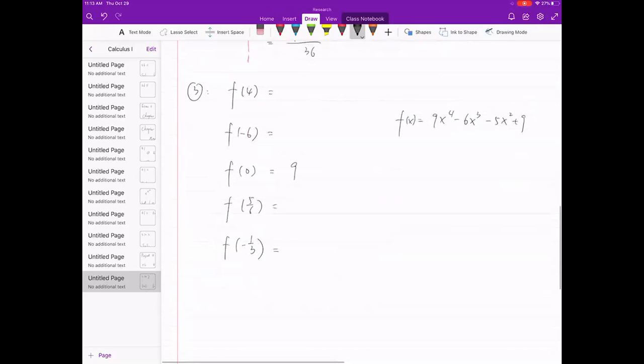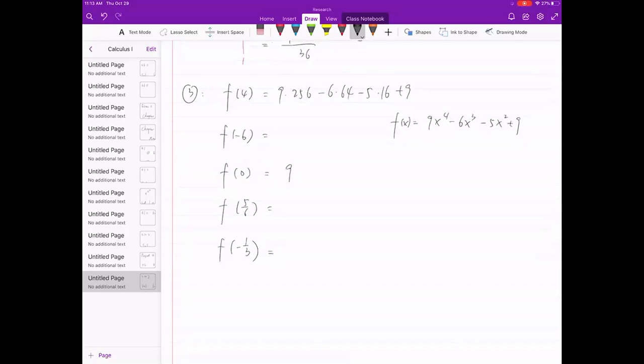This is 9. 4 squared, 16, 256. Okay, that's the one. This one is going to be 9 times 6. That's 36 times 36.